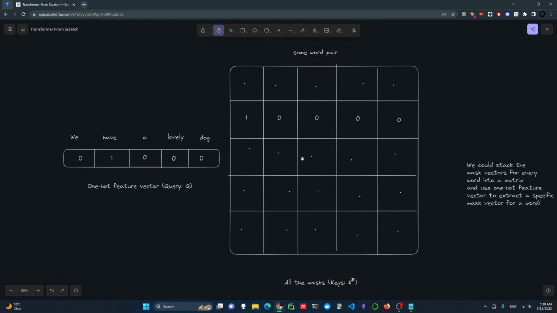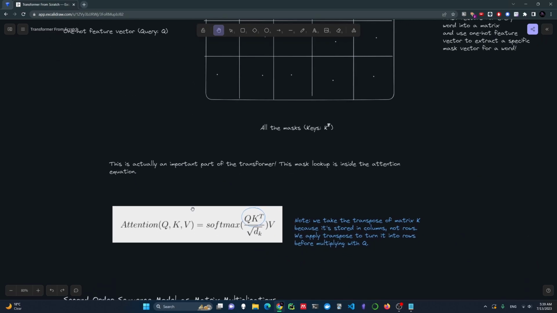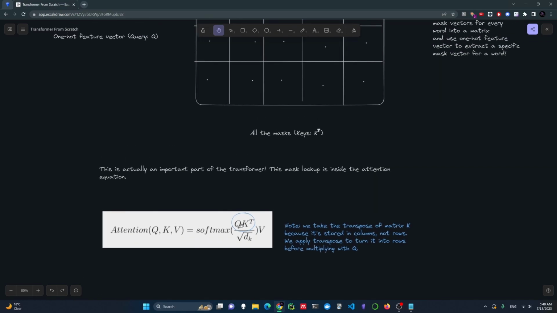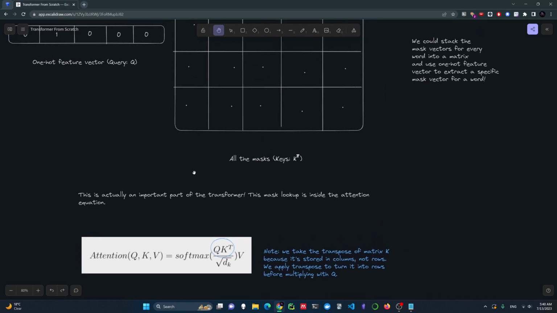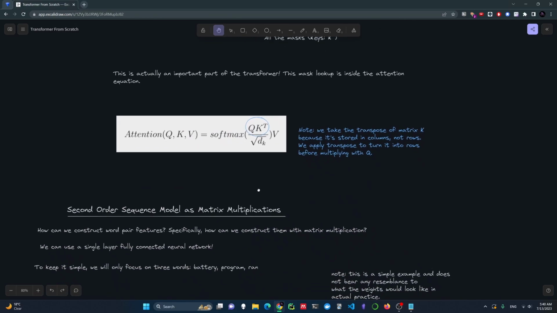Here we stack the mask vectors so that we can extract them easily through a one-hot feature vector lookup table, sort of. And that actually represents matrix Q, or query, times the transpose of the keys matrix.